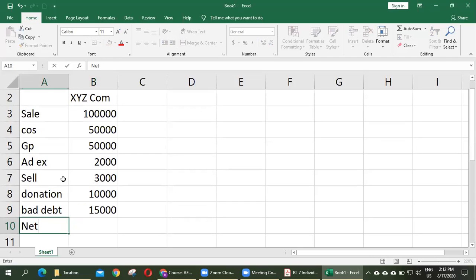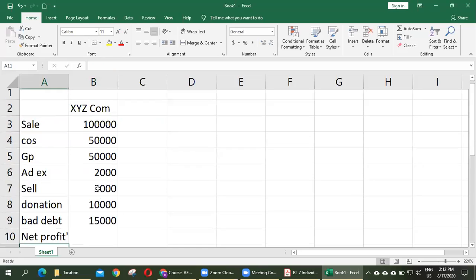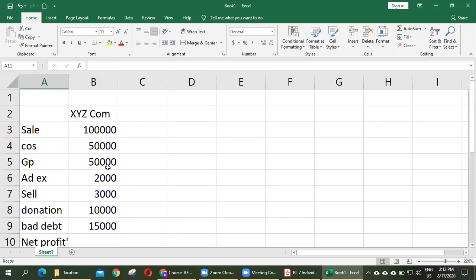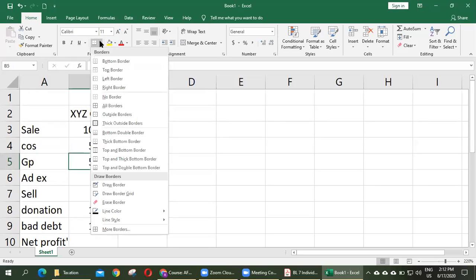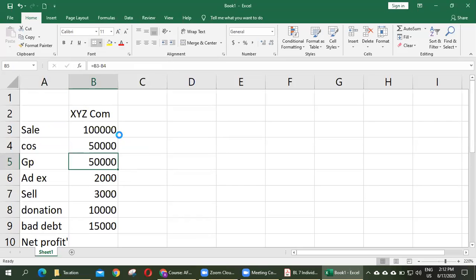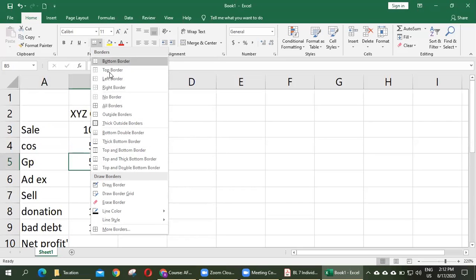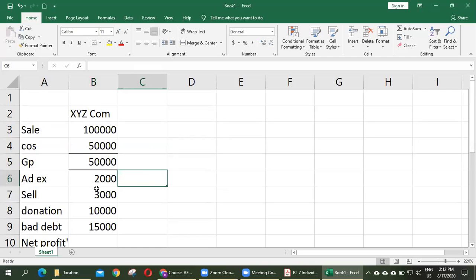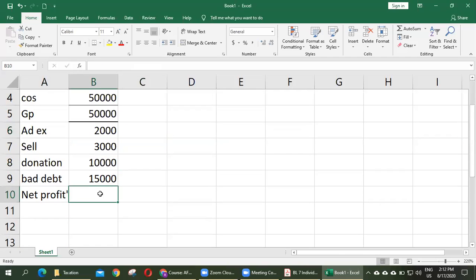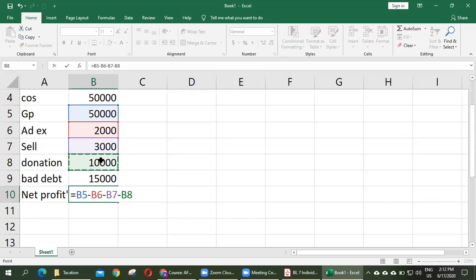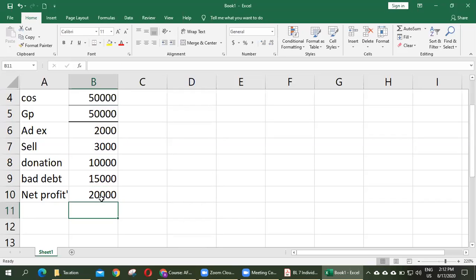Then how much is the net profit? 50,000 minus 2,000 minus 3,000 minus 10,000 minus 15,000 equals how much? 20,000, right?